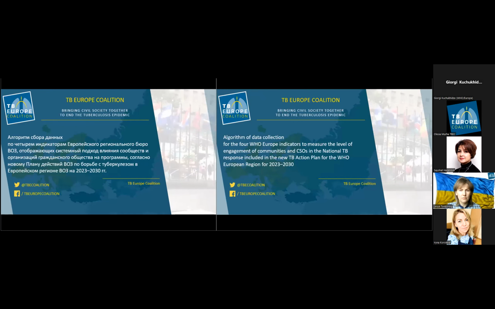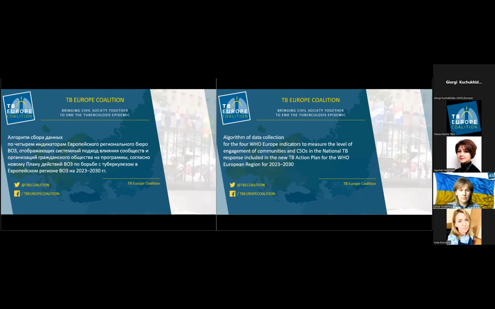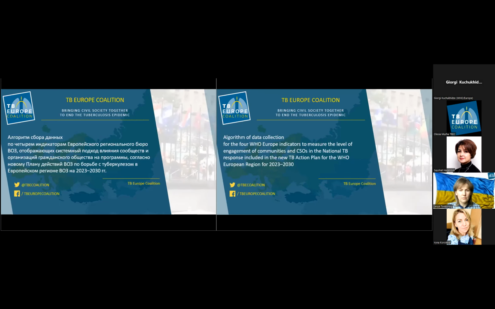Also, our governmental organizations that work in this area have their own electronic system, and we are now thinking about how to integrate the systems developed by civil society with the national system so that we establish a uniform mechanism of data collection.